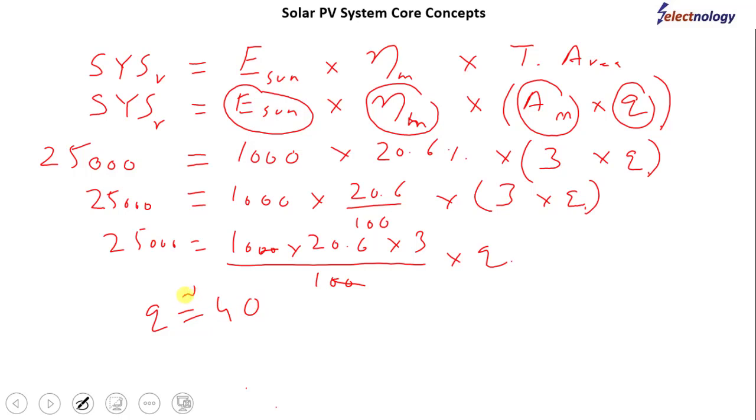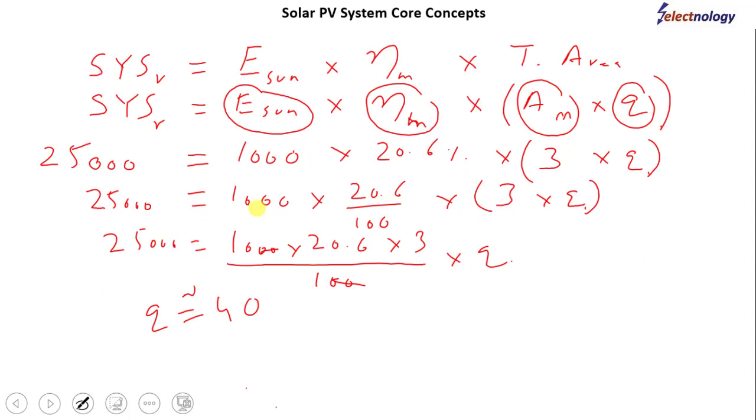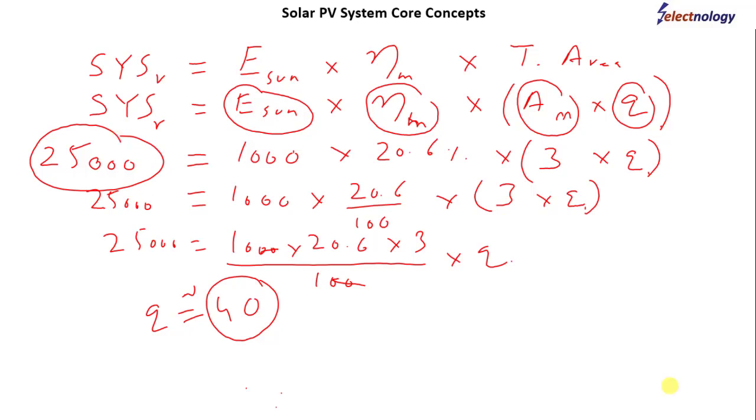So we need this PV module which we selected, the 640 rated PV modules, in a quantity of 40 to have the PV system rating of 25,000 watts, or 25 kilowatts. Now, in this case, we have assumed that the sun energy is 1000 watt per meter square and efficiency is 20.6%.